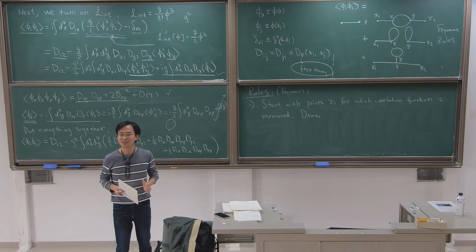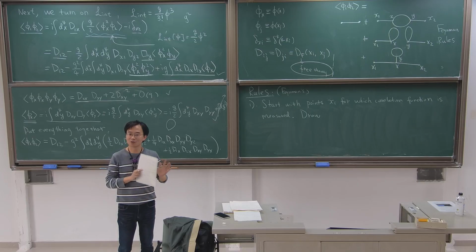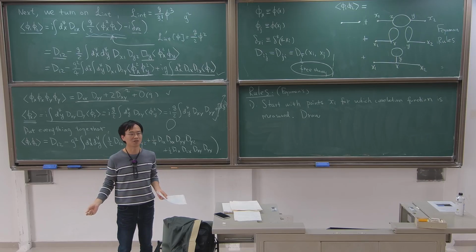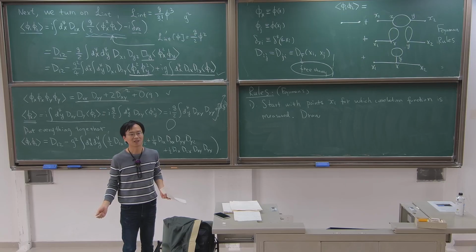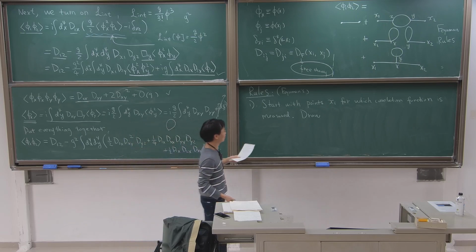What can I do? If there is a diagram or picture corresponding one-to-one to the formula, I can just draw all the diagrams, and then follow the diagrams. I immediately write down the final result. I don't need to calculate. That's the idea, and that's the reason why we care about these rules.